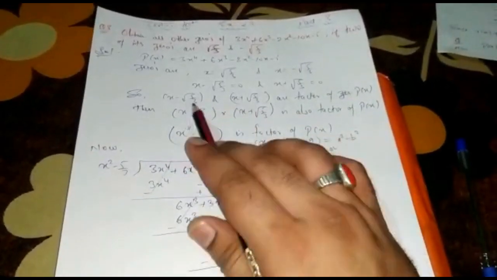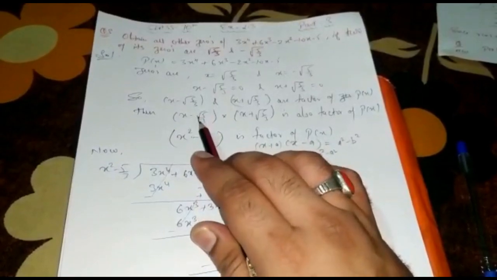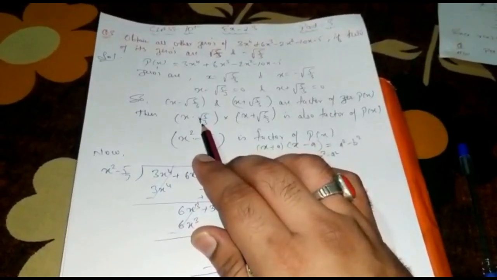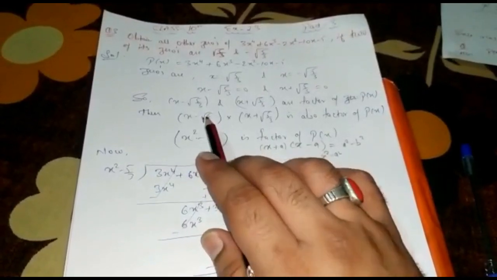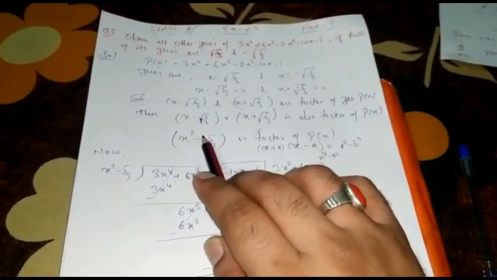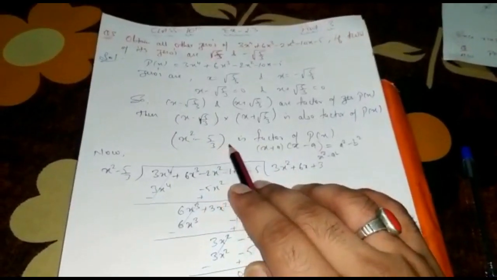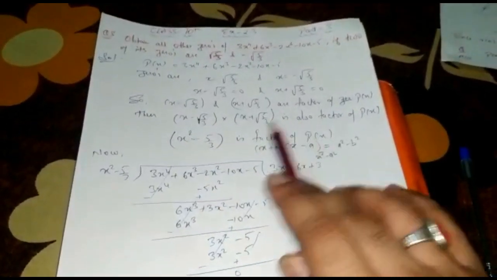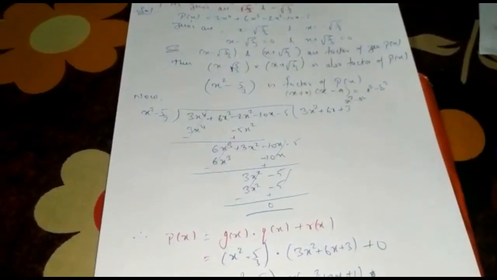When we square root 5 by 3, it gives a positive term and the root is removed, so x square minus 5 by 3. That means x square minus 5 by 3 is a factor of this polynomial p(x). Hope you understand this question till now.